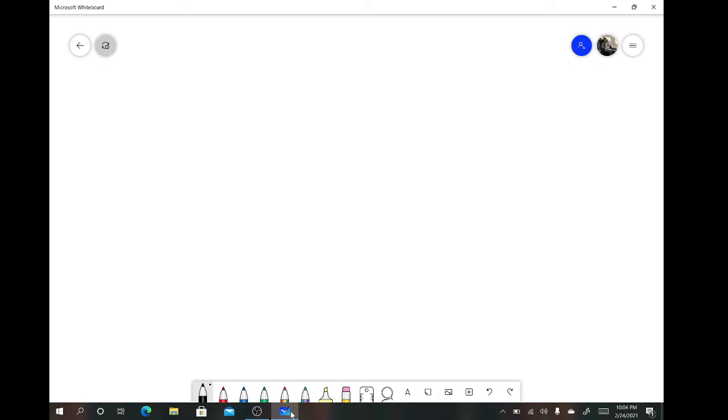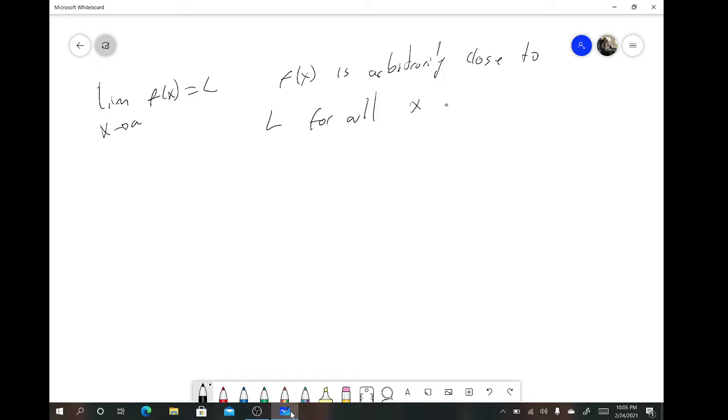In the definition that I gave you earlier, it went like this: the limit as x goes to a of f of x equals L if f of x is arbitrarily close to L for all x sufficiently close to a, and this is the not equal to.